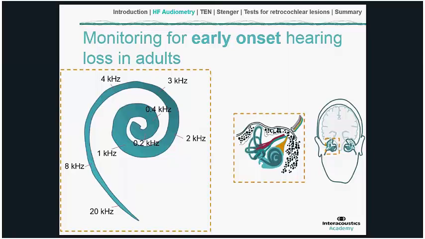And hopefully the reason for potentially applying high frequency audiometry in this group is conveyed by the information on this slide here. Because on the left we see a schematic of the basilar membrane, which is expanded there from where you can see its position in the inner ear in the middle part of the diagram, and then where the inner ear is located in the head on the very right hand side.